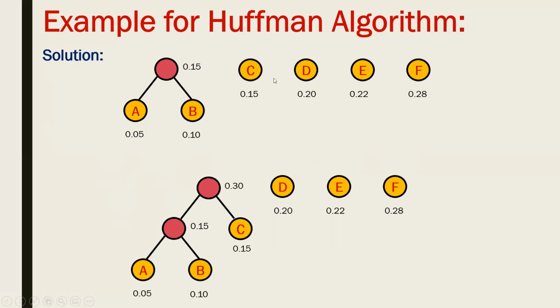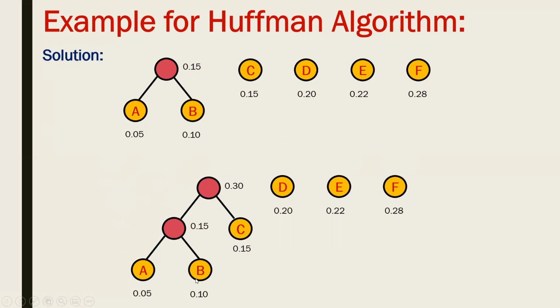One tree contains two nodes and one tree contains a single node. The parent node has a weight equal to the sum of the weights of its children: 0.15 plus 0.15 means the weight of the parent node is 0.30.